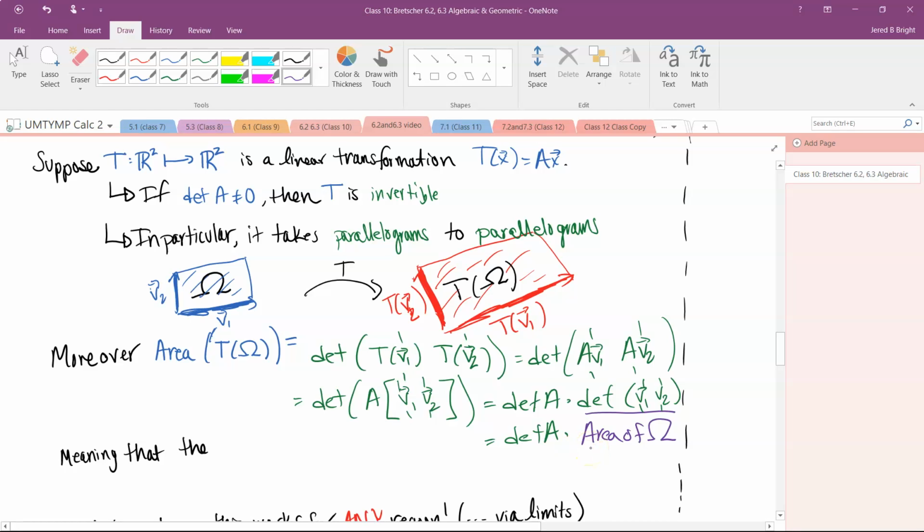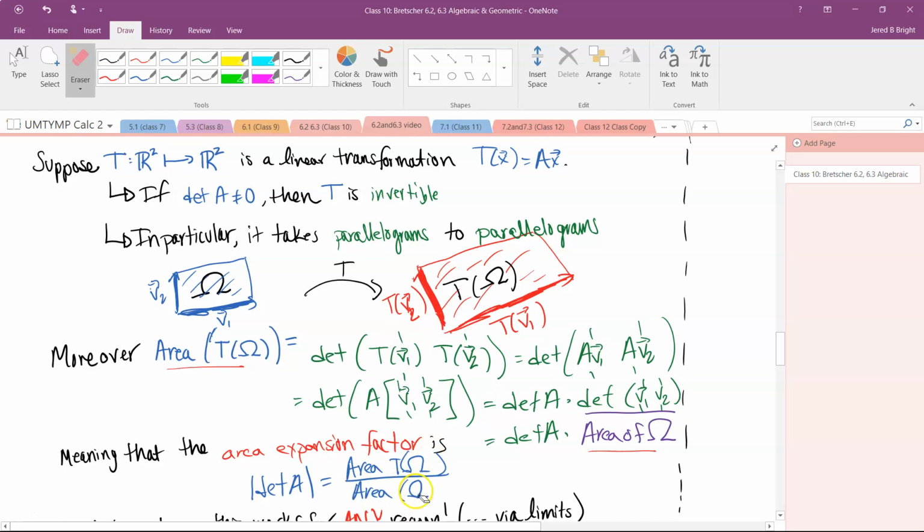Now what we can say, given this relationship between the area of T omega and the area of omega, is that the area expansion factor for this transformation is the absolute value of the determinant of A. We would get this by doing the area of T omega over the area of omega.